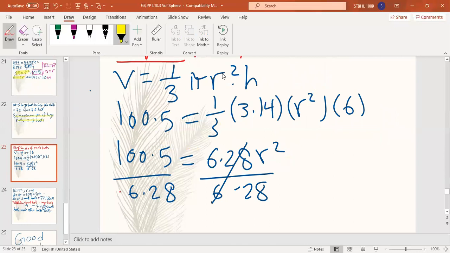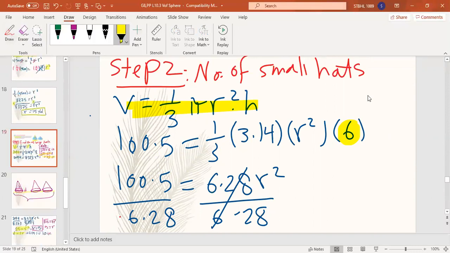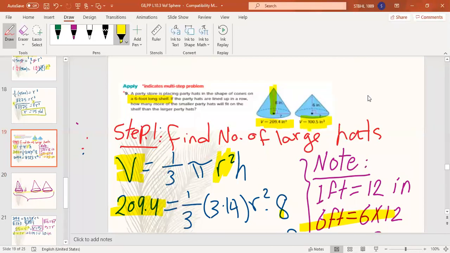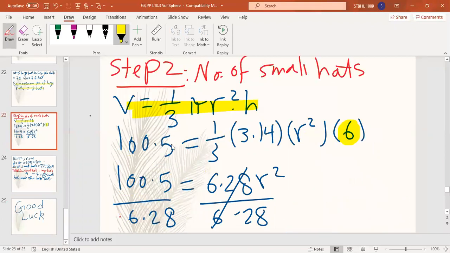We will write the formula of volume of cone, which is V equals 1 over 3 pi r squared times h. And the given height for the small hat is 6. The given volume for the small hat is 100.5. So I'll substitute 100.5 equals 1 over 3 times 3.14 times r squared times 6.